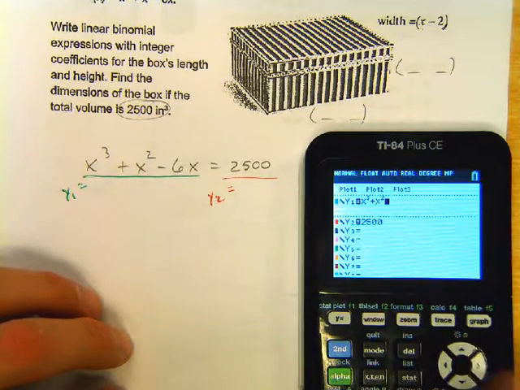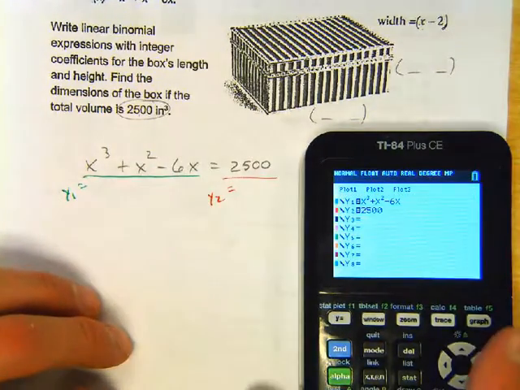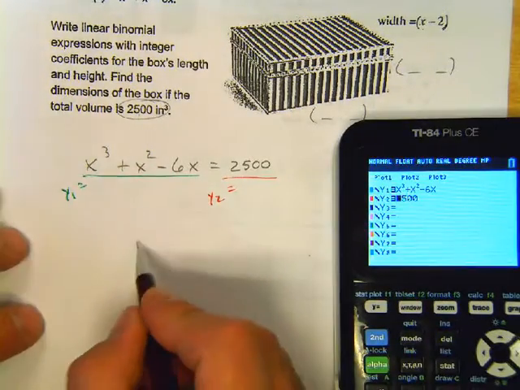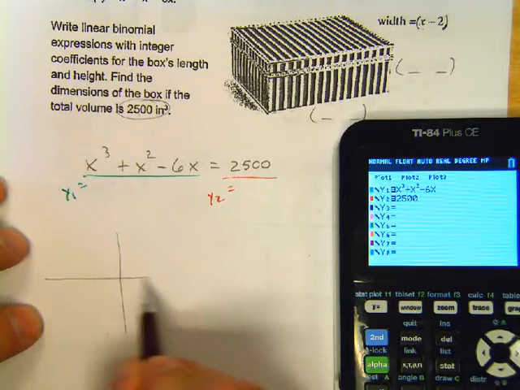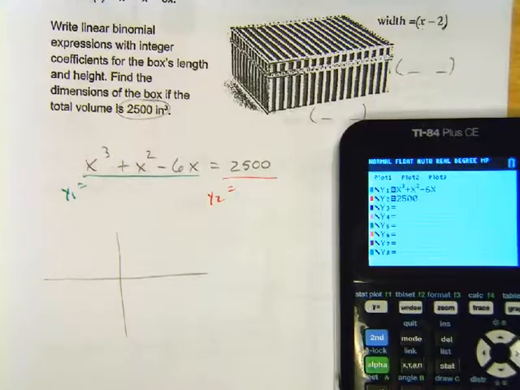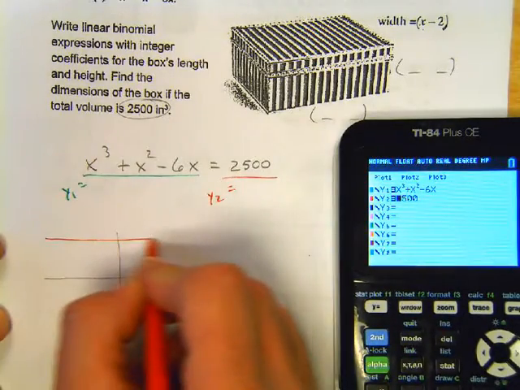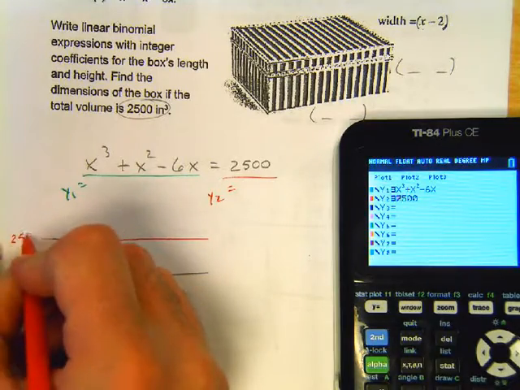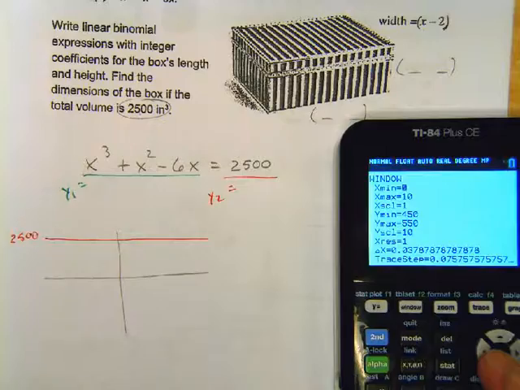Now, the hardest part, I think, will be setting the window so that we can see the intersection. y2 at 2,500 is going to be a horizontal line. And so in our window, we're going to want to set the y min and the y max on either side of 2,500.